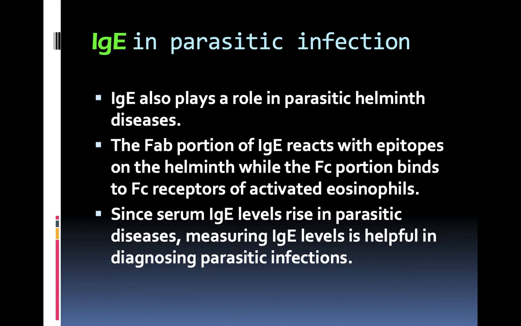So I've made a mention about eosinophils before, right? Eosinophils are important cellular types for helminthic infection. And since serum IgE levels rise in parasitic diseases, we can measure IgE levels as a diagnostic tool in checking if parasitic infections are present or not.